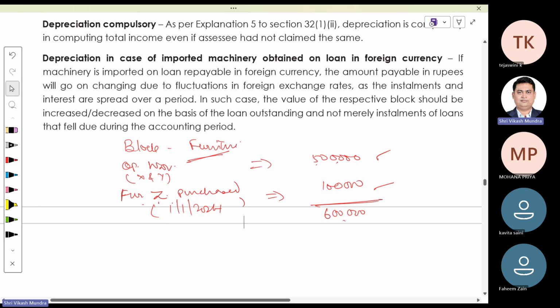Please calculate. You have 1 minute time. Anyone? Priyaji? Kavita?